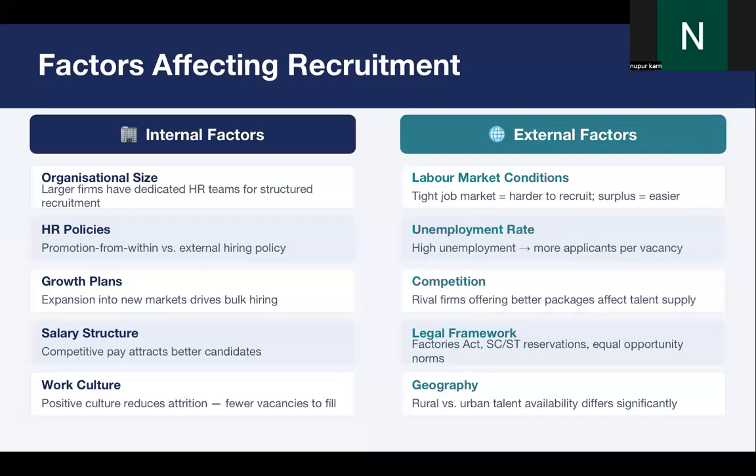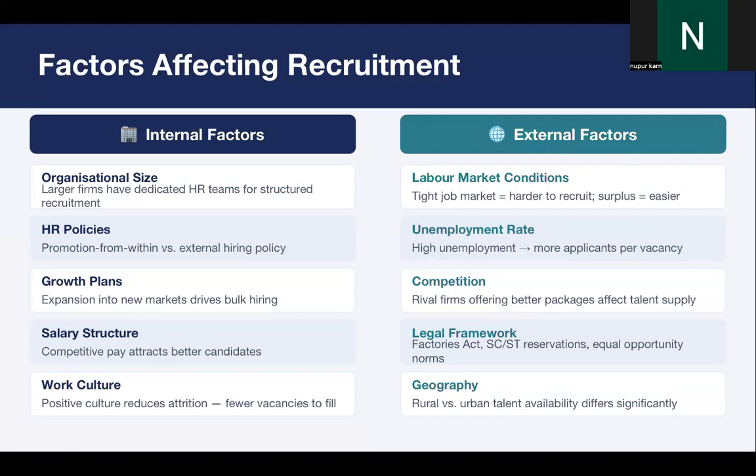Organization size means you need to also take into consideration what your company size is. If it's a larger firm, then you will need a dedicated HR team for this process. If you are a small company, like a startup, you can have a few people who work as HR.